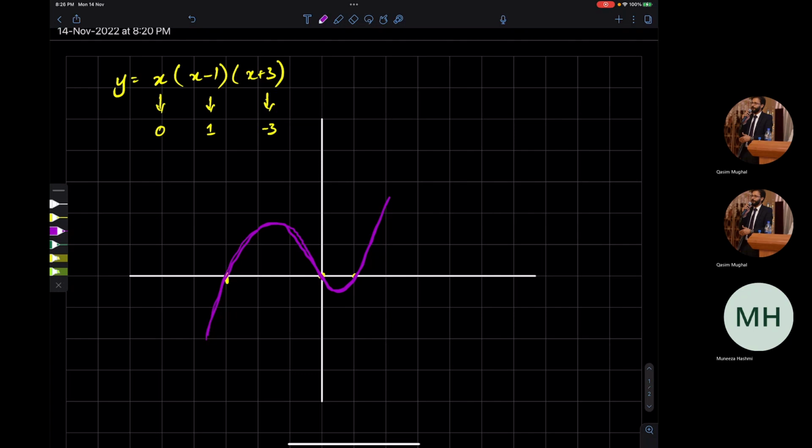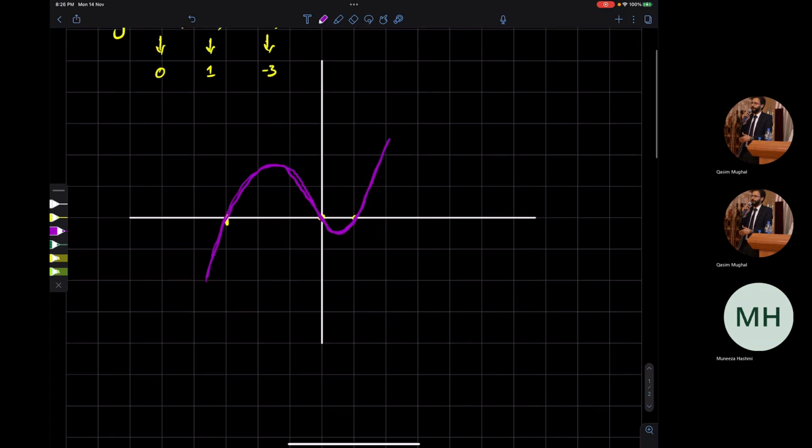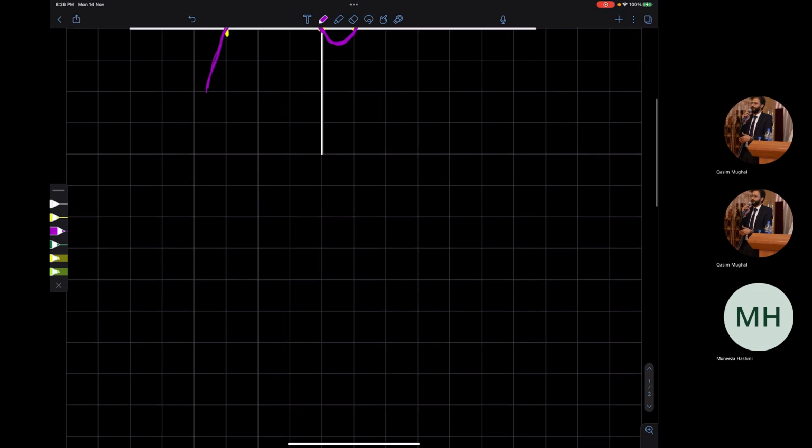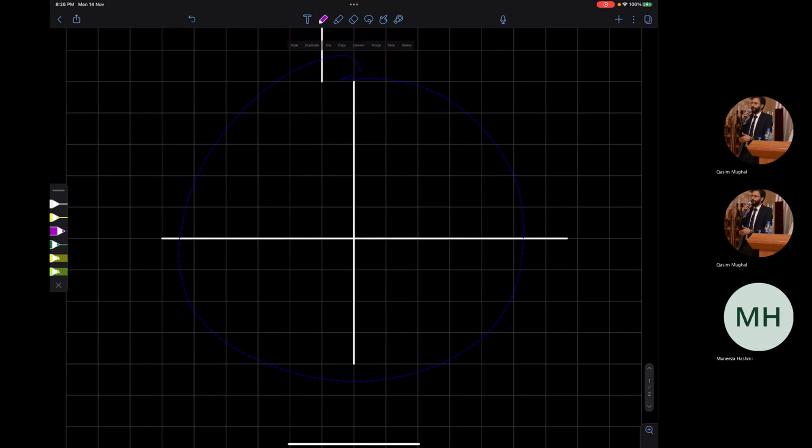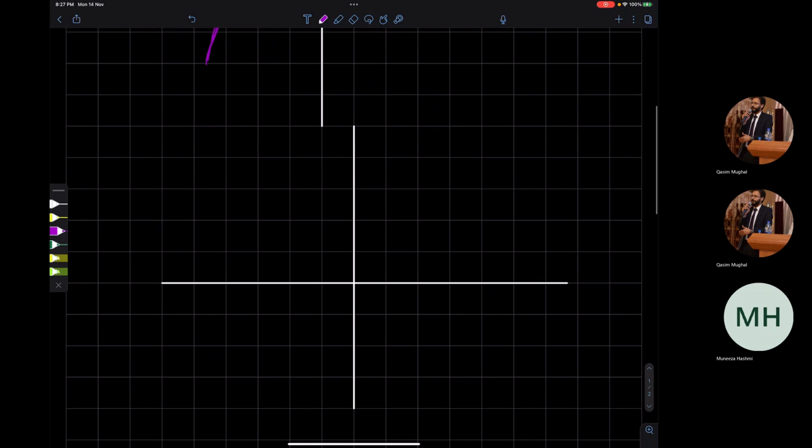And just in case you have the equation as, okay, I'm going to take an example which is written in the book now. In the book, it says y equals x minus 2, and then 1 minus x, and then 1 plus x.